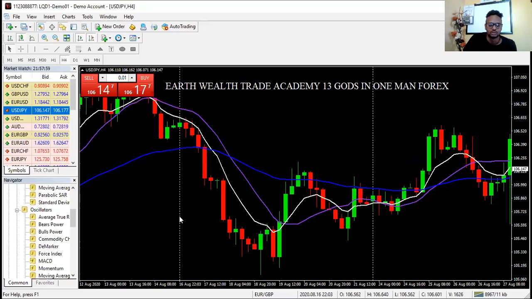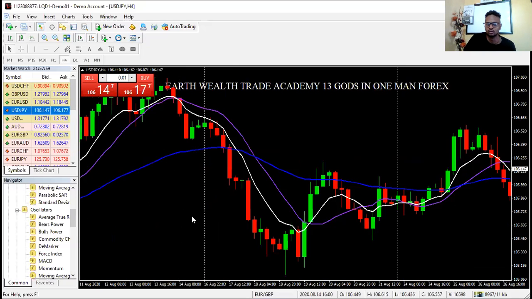Do remember that price is what is moving the market. Do remember that within the markets you have different zones: lower zones, higher zones, and lower highs as well. I'm not just saying that, I want to show you what I'm talking about. For example, here you have a low zone right here.